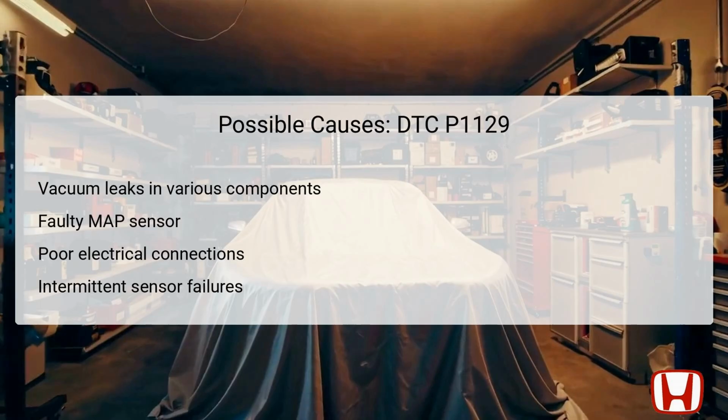Additionally, poor electrical connections to the MAP sensor or the engine control module, ECM, can result in signal issues, contributing to the error. Intermittent sensor failures may also play a role, where the MAP sensor occasionally provides invalid data, complicating diagnostics. Proper identification of these issues is essential to effectively rectify the underlying problem causing the DTC.